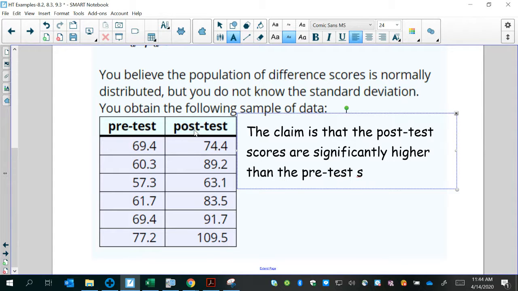Okay, that would make sense because if I gave you a pre-test before you had learned anything about a certain concept, and then after teaching you, I gave you a post-test, we should expect that the post-test scores are going to be much better. So if this is our claim, then we're interested in how much improvement there was from the first test to the second test.